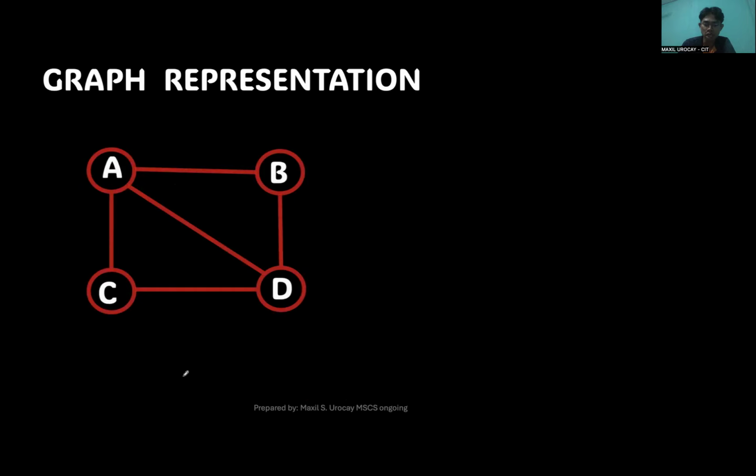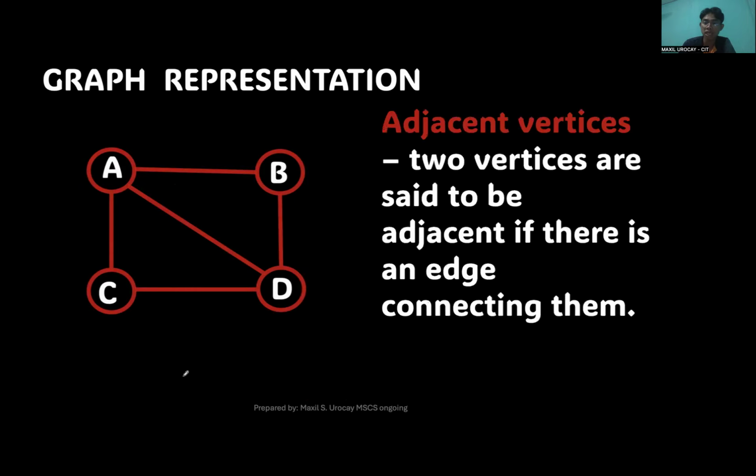Next, we also have the adjacent vertex. When we say adjacent, two vertices are said to be adjacent if there is an edge connecting them. Say, for example, A and B. Is there any connection for that one? So that we can consider that they are adjacent.